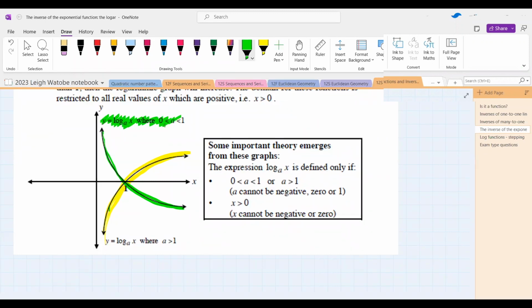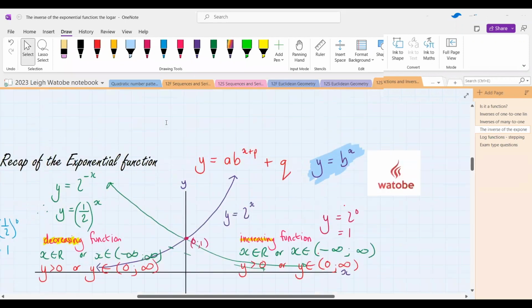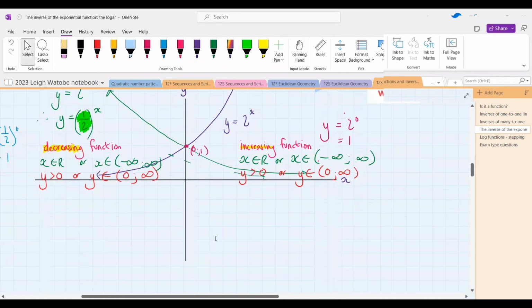With this one, a was between 0 and 1. When they say a was between 0 and 1, we were talking about the value of our base, this number over here. It was a half in this particular situation.